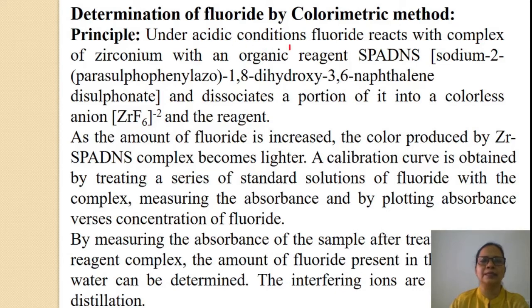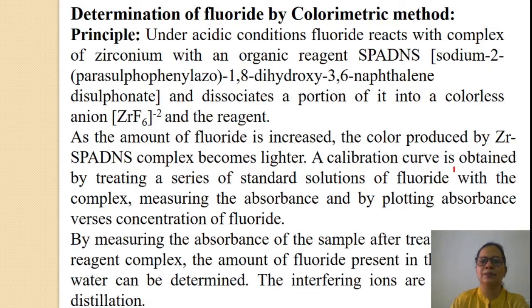So under acidic conditions, fluoride reacts with complex of zirconium with an organic reagent SPADNS into a colorless anion ZrF6 2- and the reagent. So as the amount of fluoride is increased, the color produced by zirconium SPADNS complex becomes lighter.